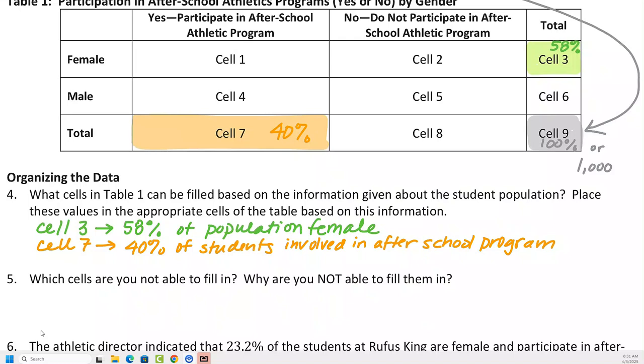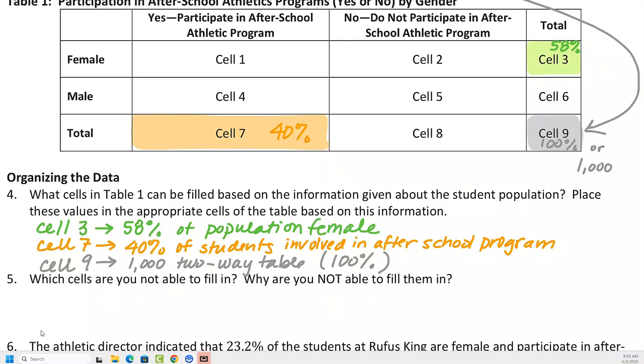Okay, and then we also know cell 9, which would be a 1,000 two-way table. But let's put parentheses here, 100%, just to keep the idea of percents going.